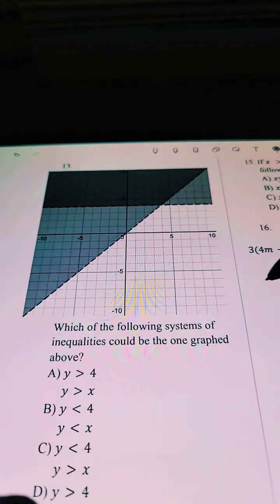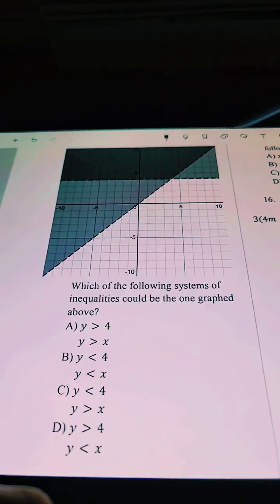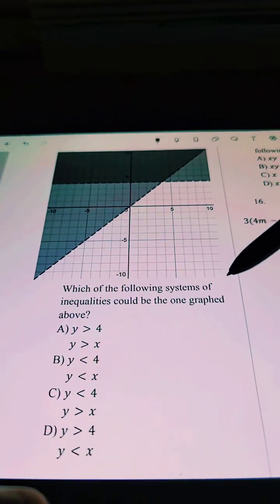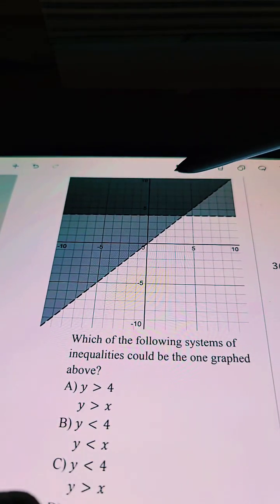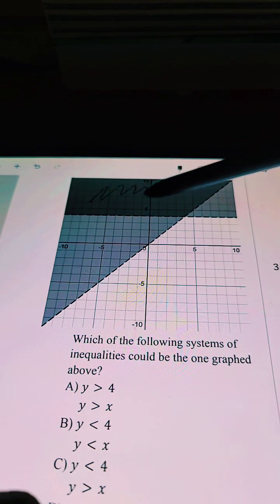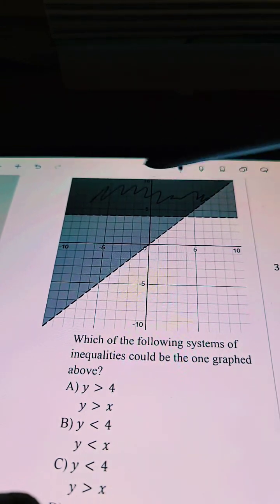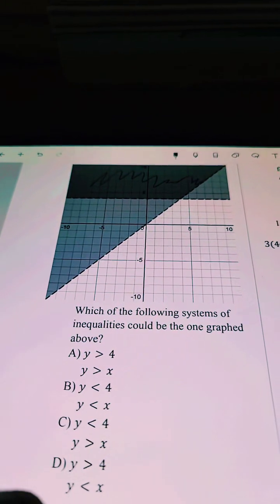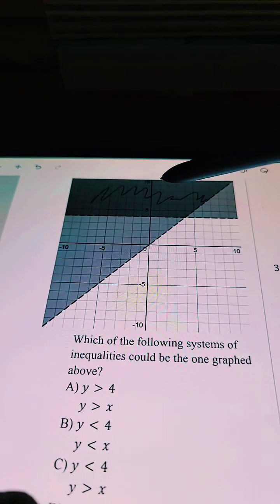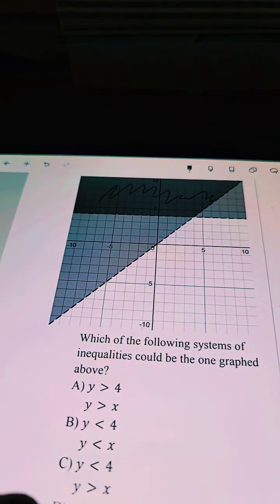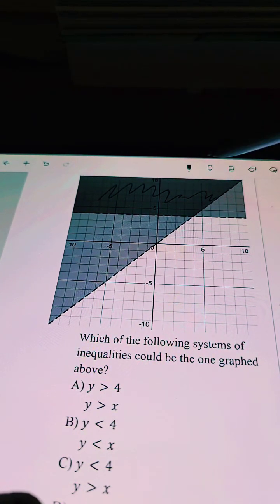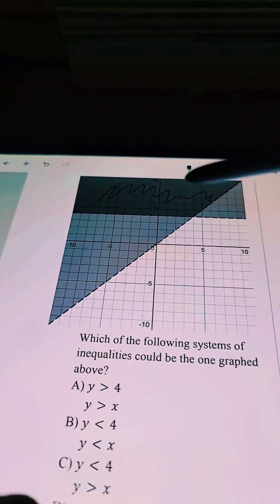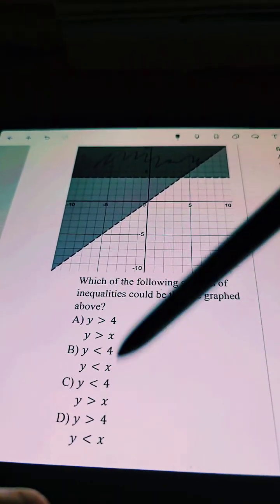Okay, let's go to number 13. Which of the following systems of inequalities could be the one graphed above? So for this one, you see where it's darker right here, all over here, that's the overlap. That's where the solution is to the system. What I think is easiest for most students is to pick a point that's part of the extra dark shaded part, the solution set, and see what it works with.